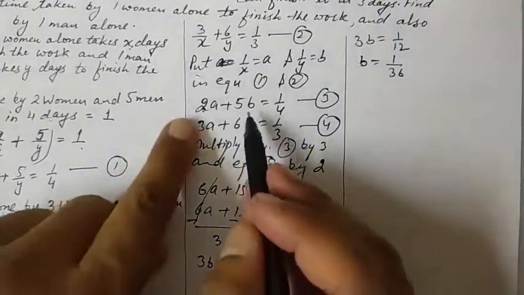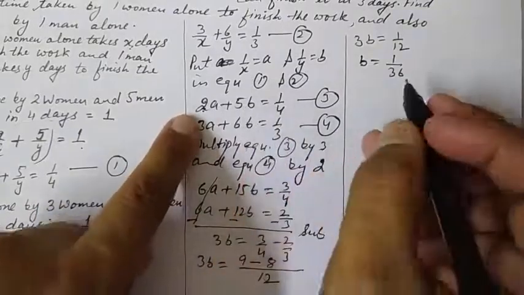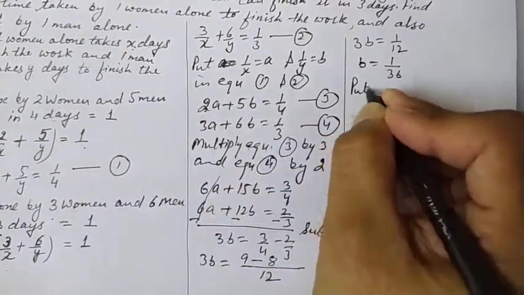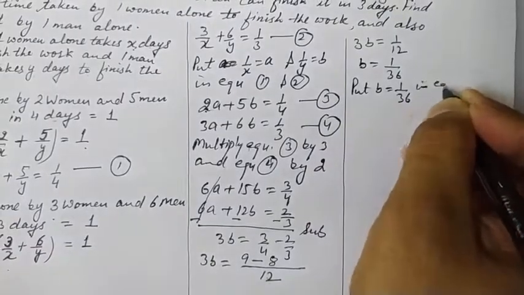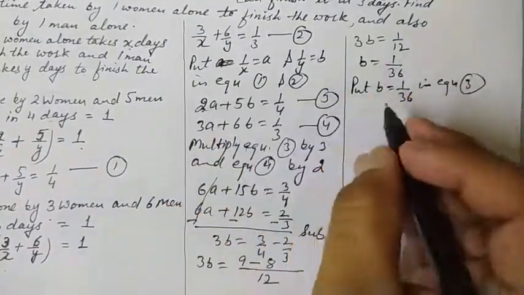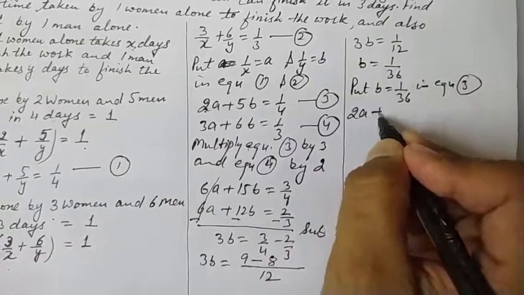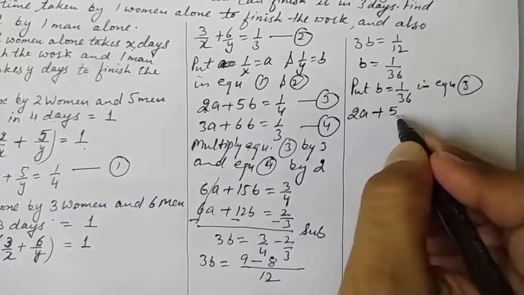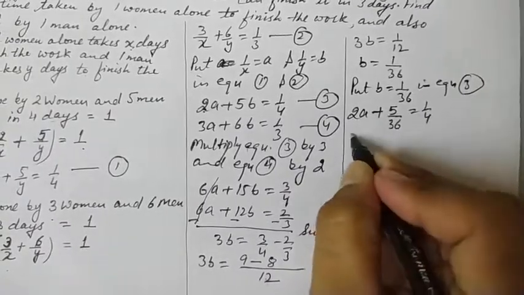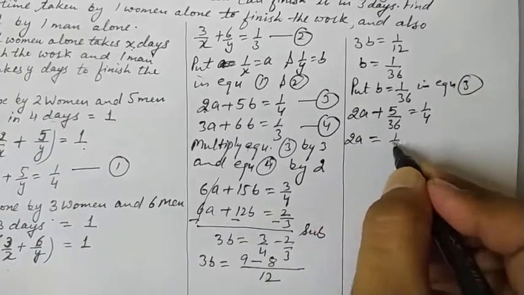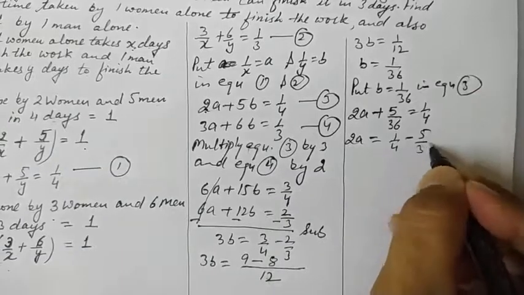We'll put the value of b, 1 by 36, in equation 3. So put b is equal to 1 by 36 in equation 3. So 2a plus 5b, 5 into 1 by 36, so 5 by 36 is equal to 1 by 4. So it becomes 2a is equal to 1 by 4 minus 5 by 36.